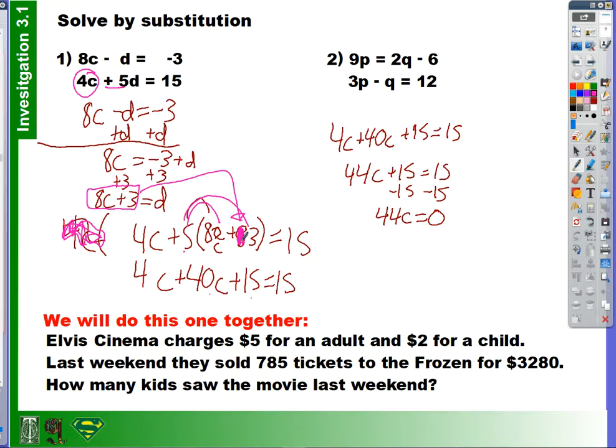So then we have our 4c, we have 40c, and we have our 15. Well, then she just said, 40c plus 4c is 44c. Let's subtract 15 from both sides. I get a 0. So I have 44c is equal to 0, and voila, c is equal to 0.